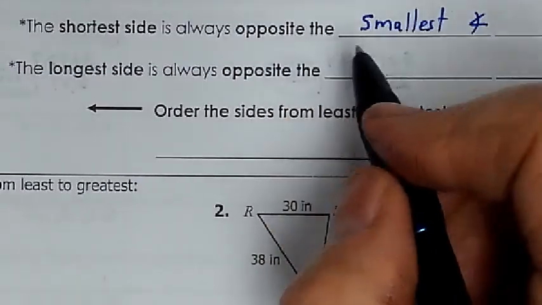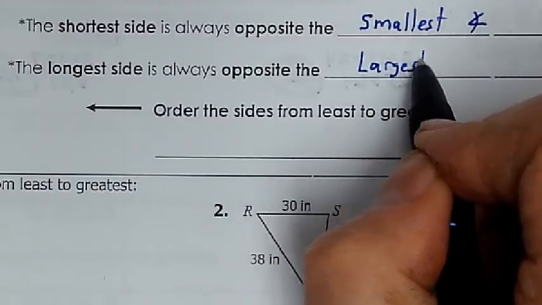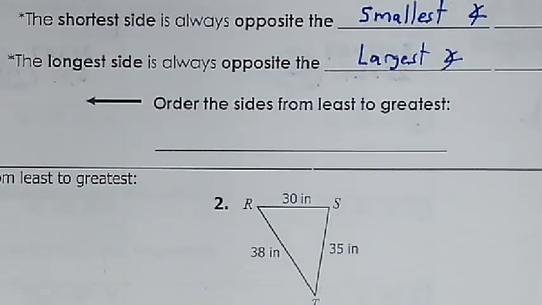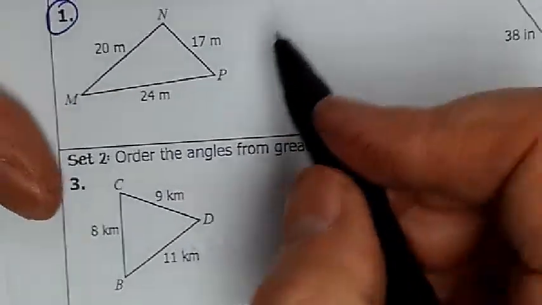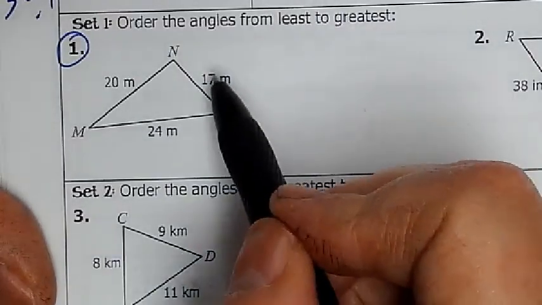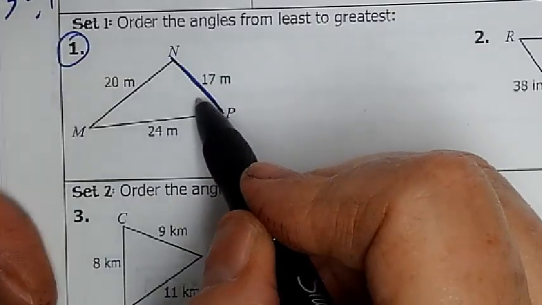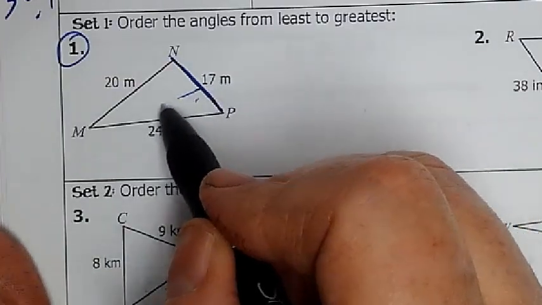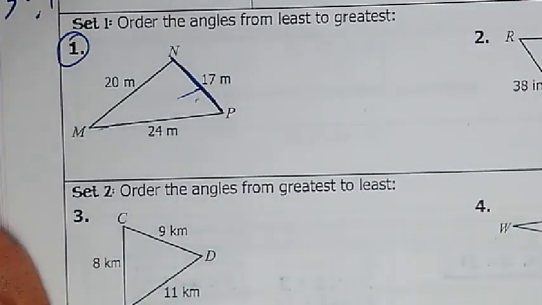So if we order this from small angle to large angle, let's find the smallest side. Which one's the smallest side? 17. What angle is opposite that side that's 17? Angle M. So angle M is the smallest angle.